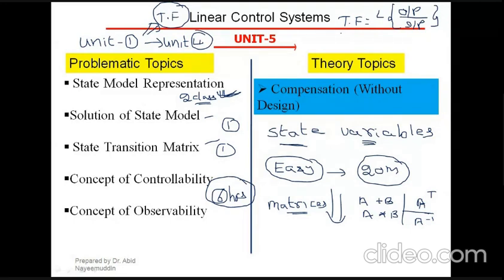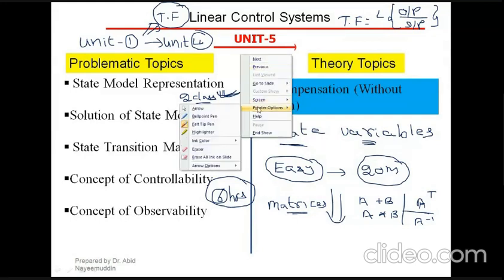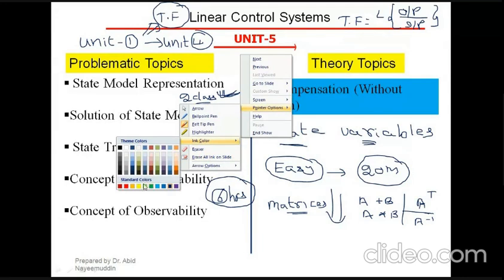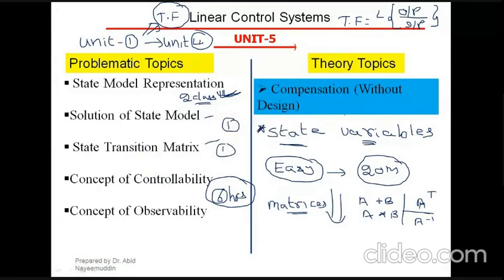What I can say here is this new concept, the concept of state variables, has no link between the previous units and this unit. I can say that up to the 4th unit, control system is over, up to the 4th unit with compensation.